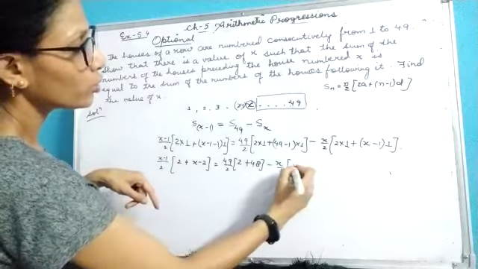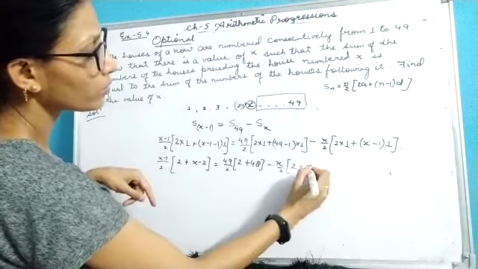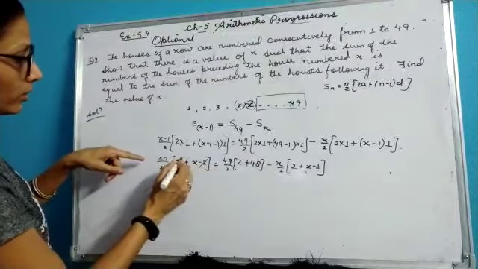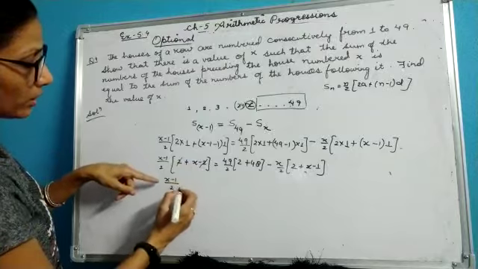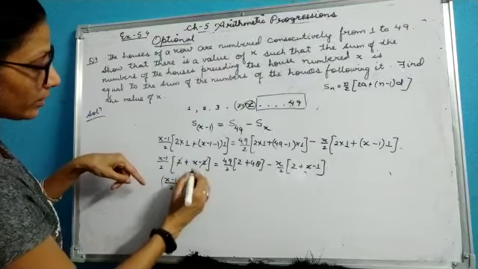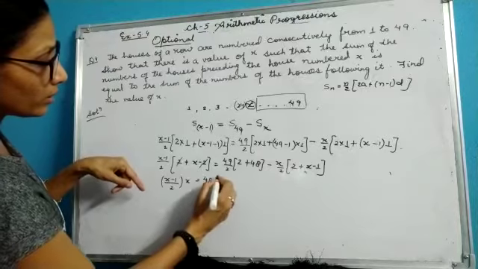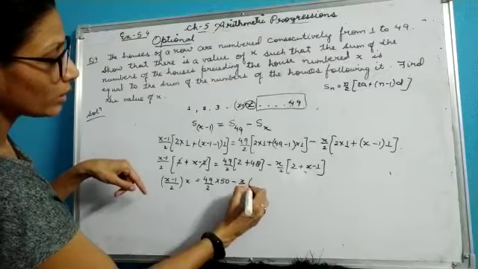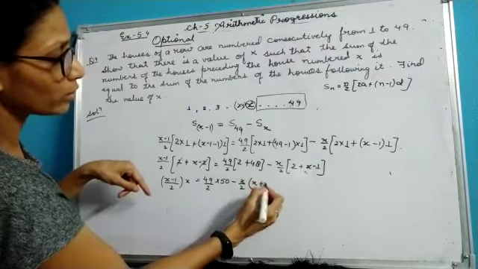This will be 2x minus 1, 2x minus 1. So I can get it here, 2 and 2 gone. So I am getting x minus 1 by 2 times x equals 49 by 2 times 50 minus x by 2, and here it will be x, 2 minus 1 is this, so x plus 1.